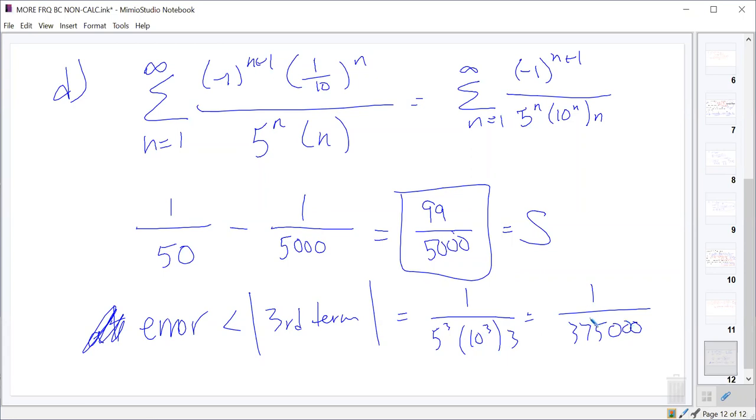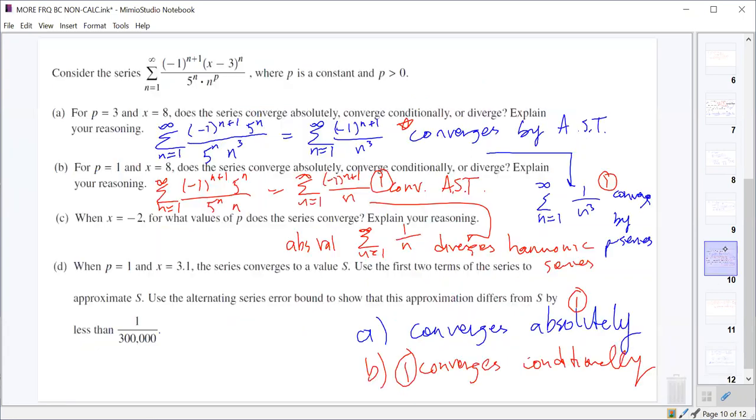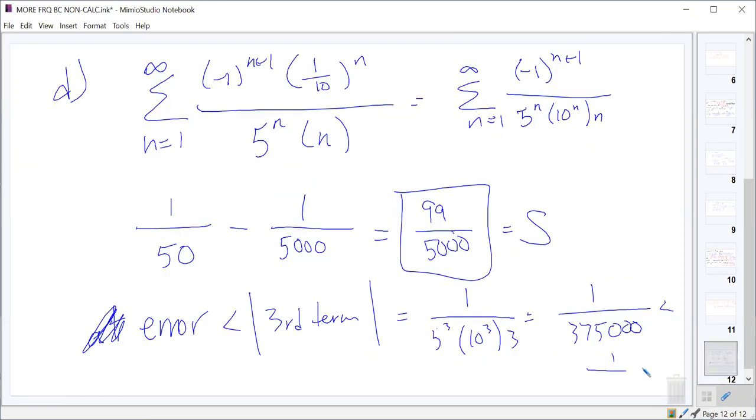And since 1 over 375,000 is less than 1 over 300,000, therefore, the error must be less than 1/300,000th because we know that the error is less than 1/375,000. And that was worth 3 points. So 1 for the value, 1 for using the third term, 1 for that analysis there at the end, or the error bound, or something to that effect.